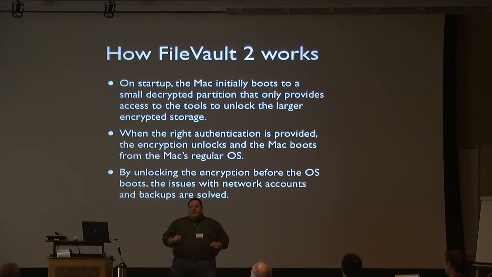If you provide the right authentication at that pre-boot login, the encrypted storage then unlocks, and the OS on the machine, which had been previously locked away on the encrypted storage, then takes over and boots the Mac. Once the Mac is unlocked and booted, the user doesn't have the problems with network accounts or backups that you would have with FileVault 1, because from the OS's perspective, everything it needs to access is accessible. There's nothing password protected or locked away.